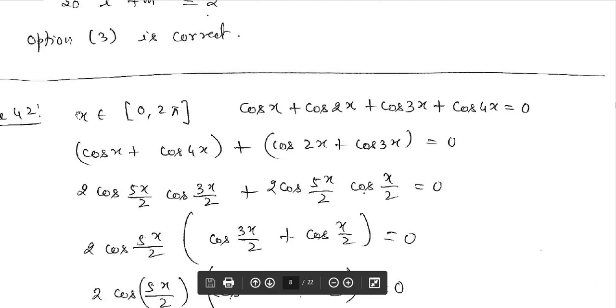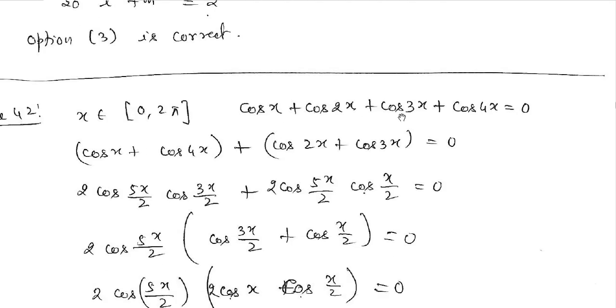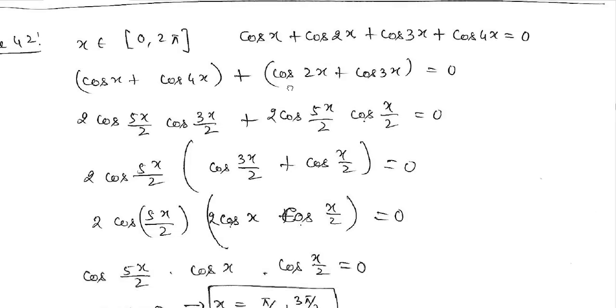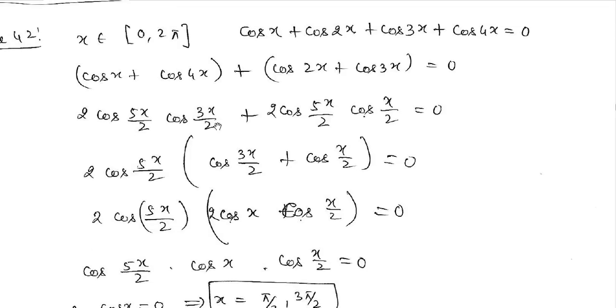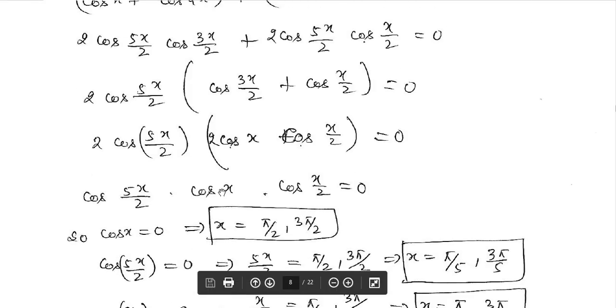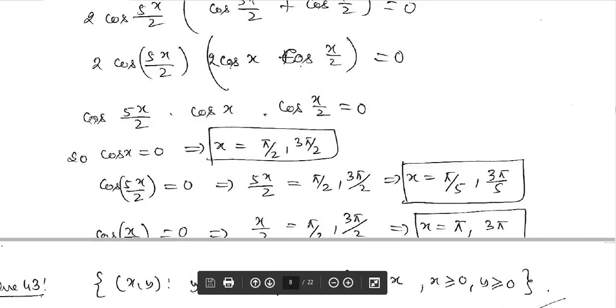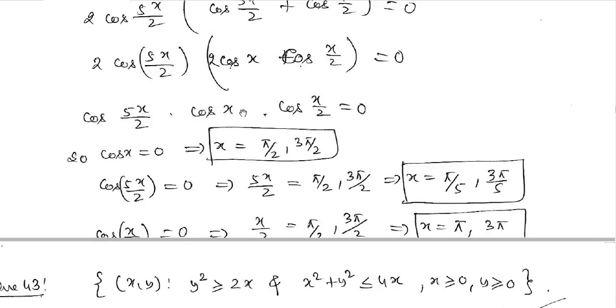42, x belongs to this. What we did is we took these two together and these two together. Why we did this is that we apply the formula and get this and this. Again on simplifying, we get this result, cos x equal to 0.